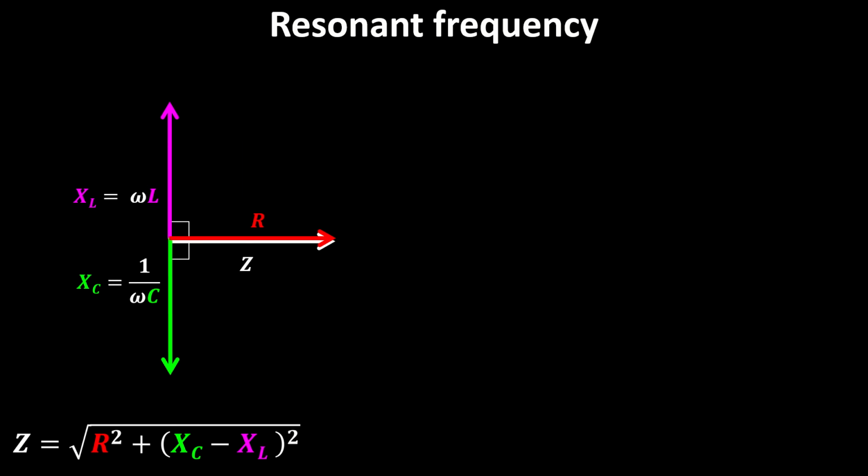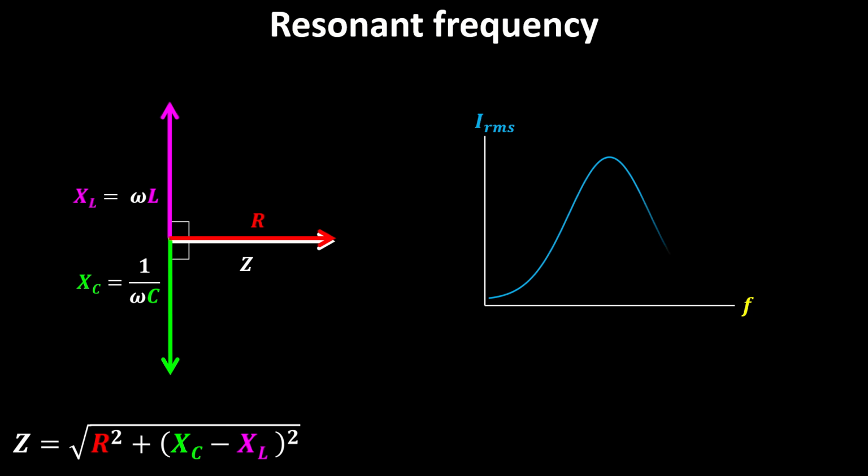So if we were to look at a graph of the RMS current against frequency, it would look something like this, okay? There'd be a certain point where we'd have a maximum current, and that would occur at a particular frequency, which we refer to as F0, the resonant frequency, okay? So at low frequencies is where the capacitor reactance is much larger than the inductive reactance.